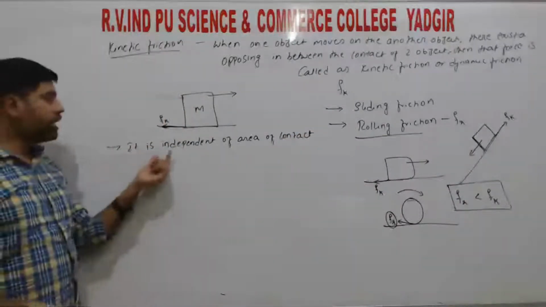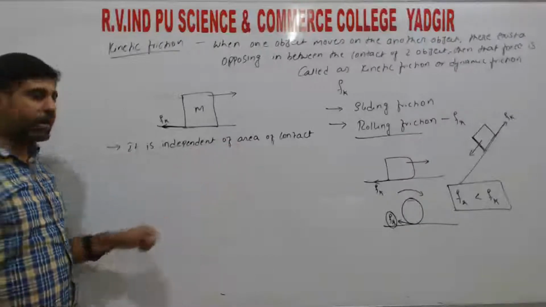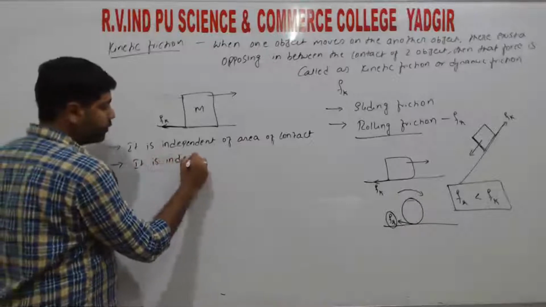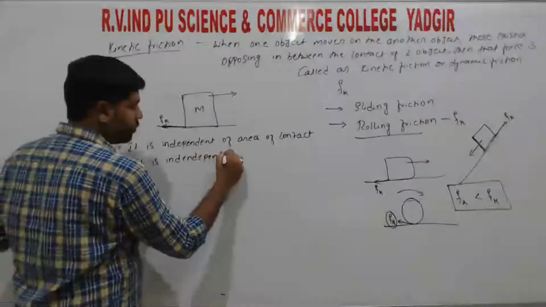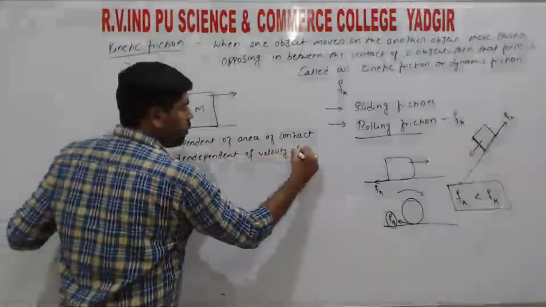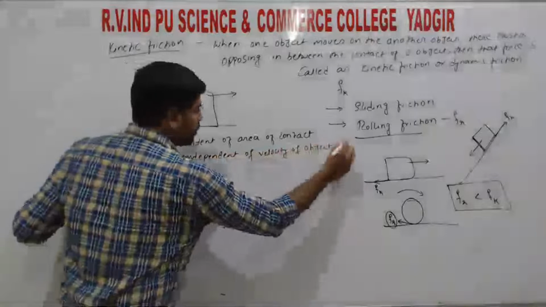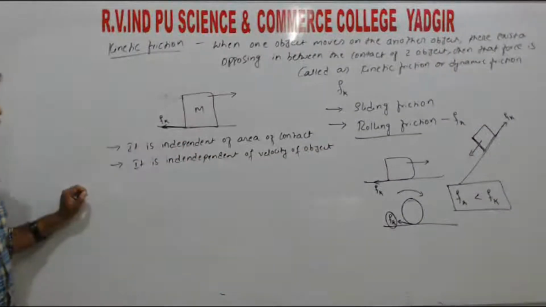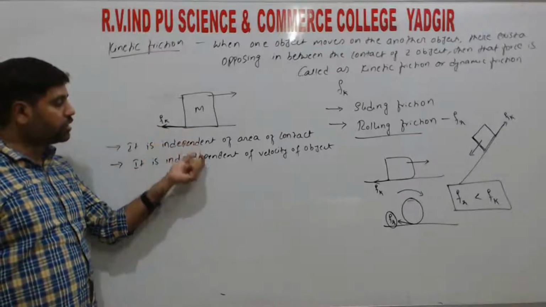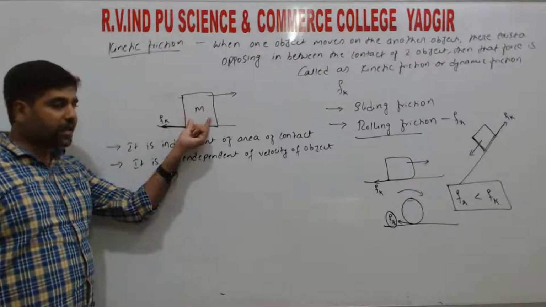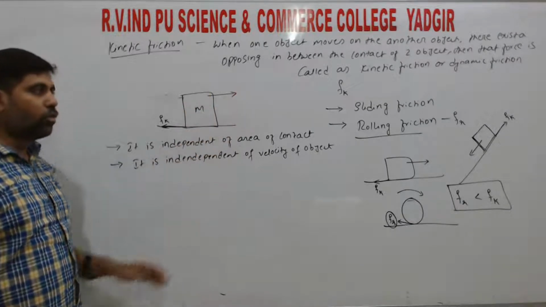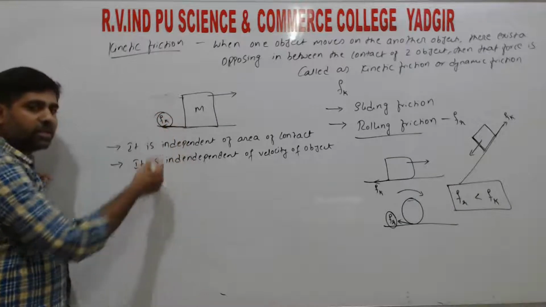The first point is that it is independent of the area of contact, and the second point is that it is independent of the velocity of the object. The object may move fast or slow. A friction acting on a moving object we call kinetic friction. The kinetic friction is independent of the velocity of the object; whether the object is fast moving or slow moving, the kinetic friction always remains the same.